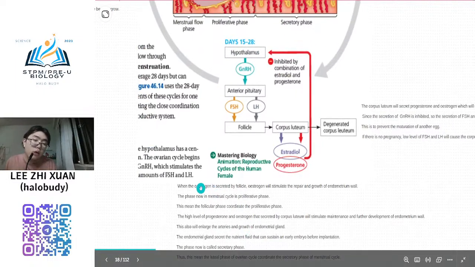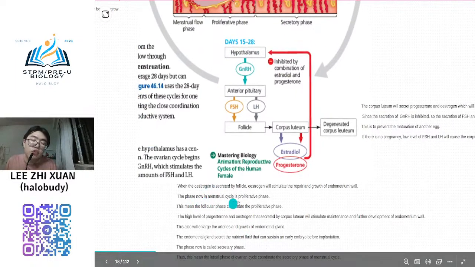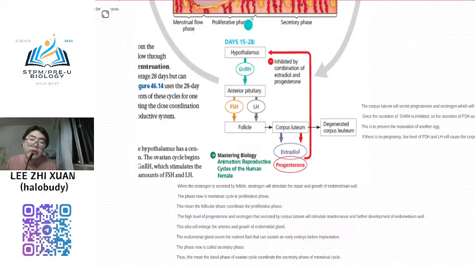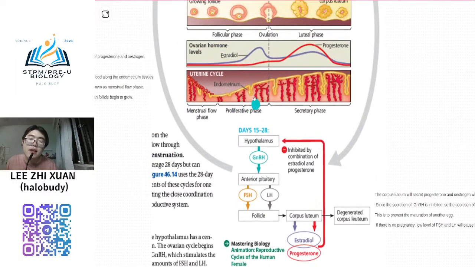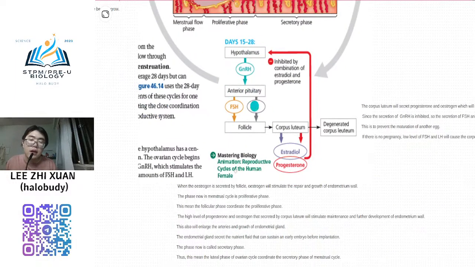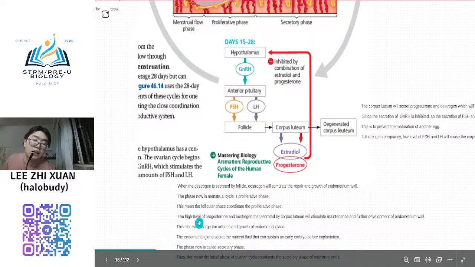Okay, so the phase now in the menstrual cycle is the ovulatory phase. For the ovulatory phase, the estrogen level is increasing before the ovulation process. So the follicular phase corresponds to the proliferative phase, and then the high level of progesterone and estrogen secreted by the corpus luteum would stimulate the maintenance and further development of the endometrium wall.